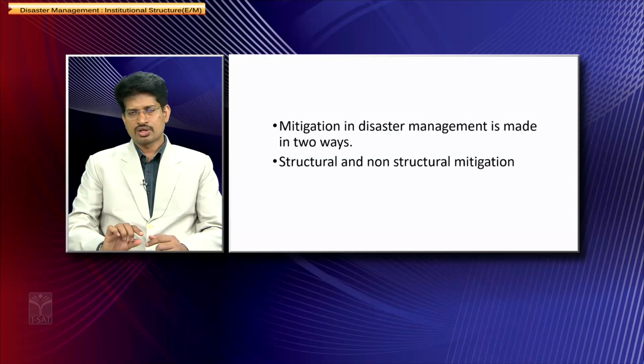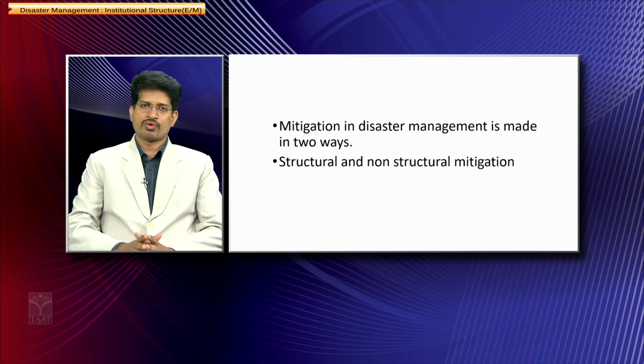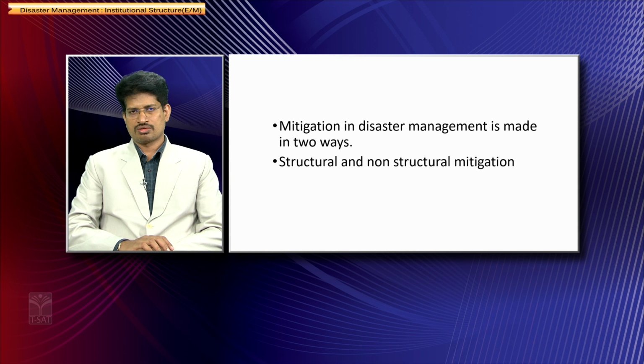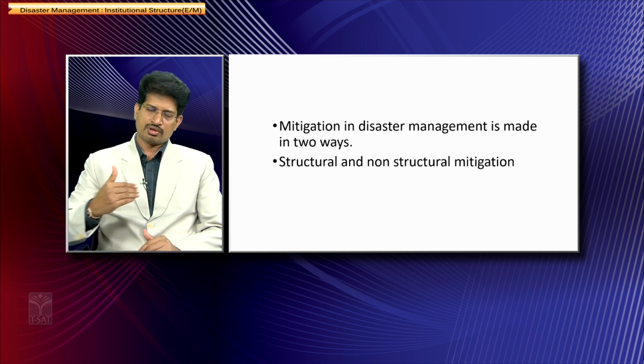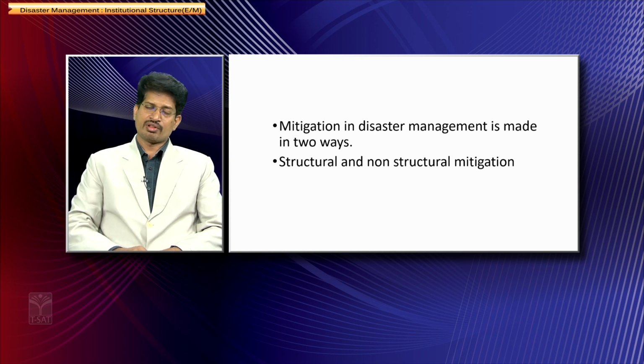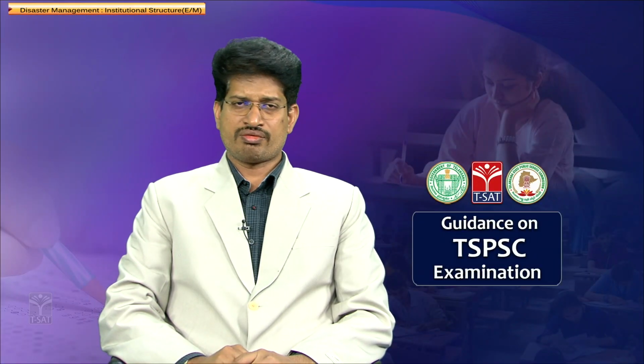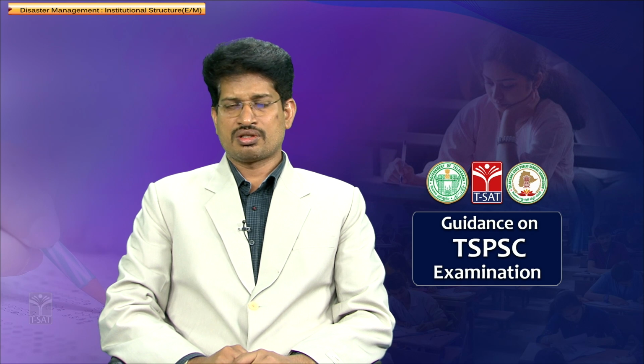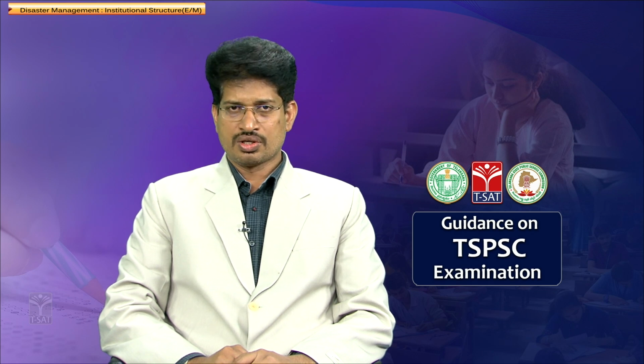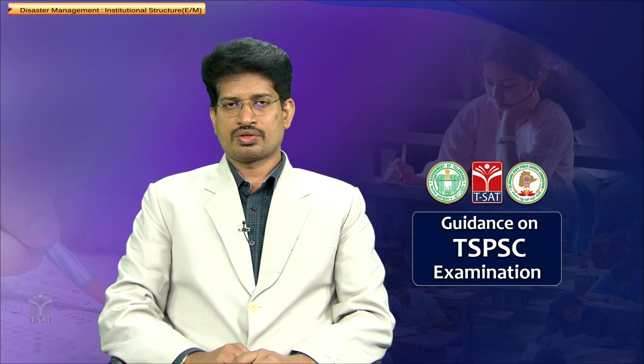A legislation is not a structure, it is a law which prevents a disaster. For example, as I have given in the first episode regarding the institutional structure of disaster management, NDMA structure is based upon a legislation, is a non-structural mitigation.